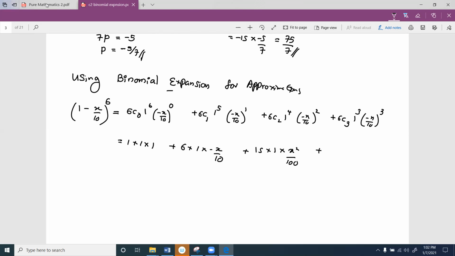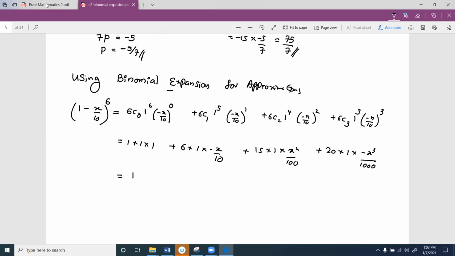6C3 is 20. 20 into 1 into minus x cubed over 1000. If you cube this and feel doubtful, just multiply and see.